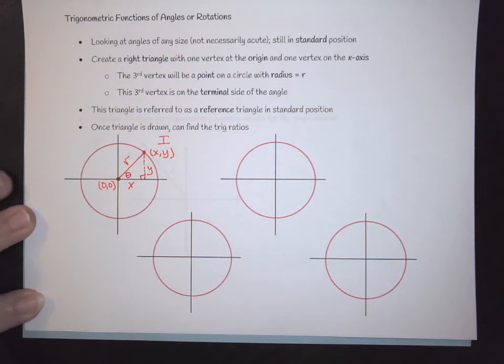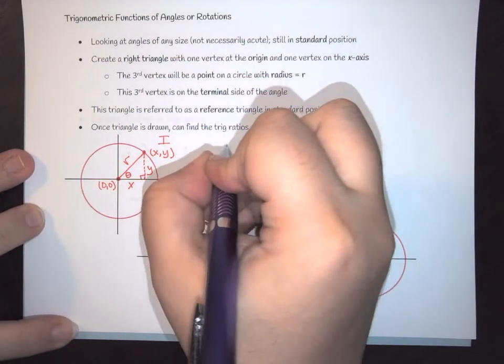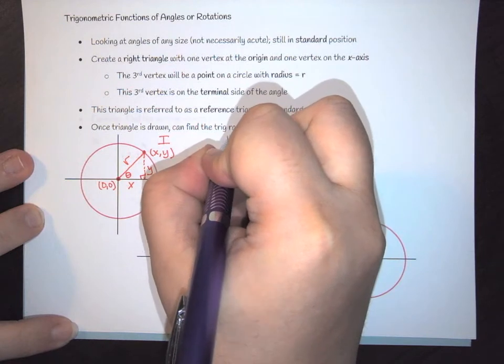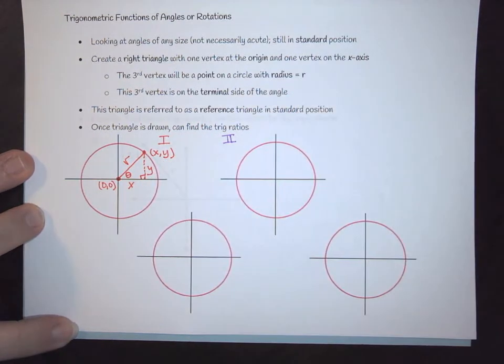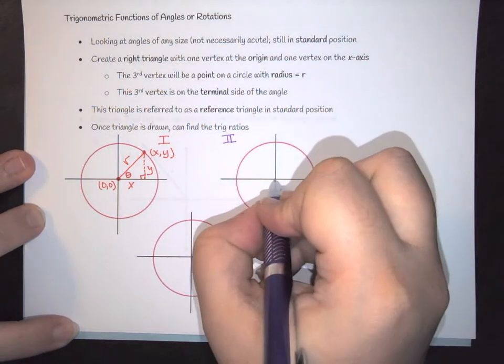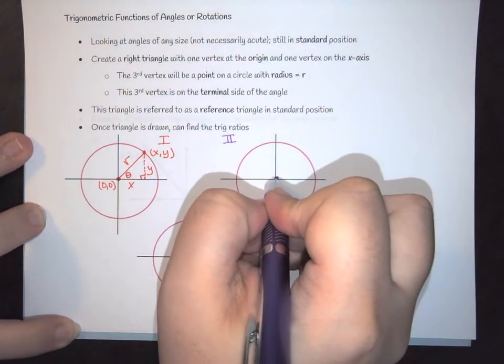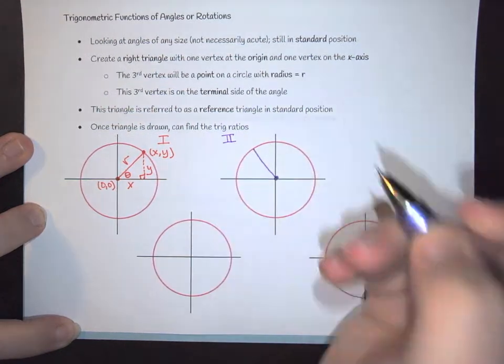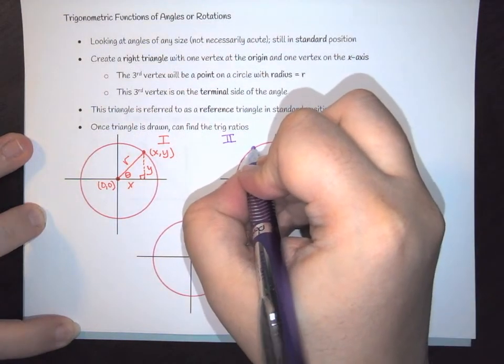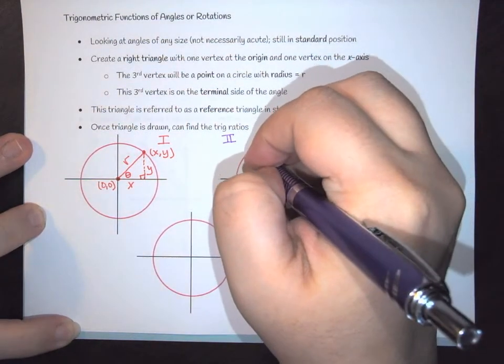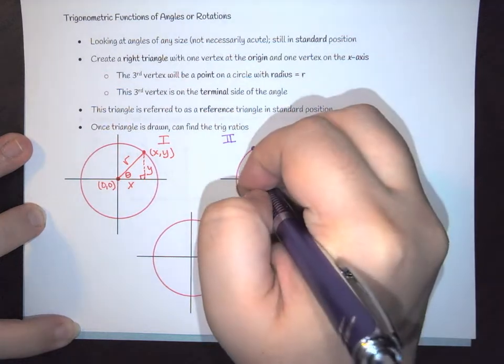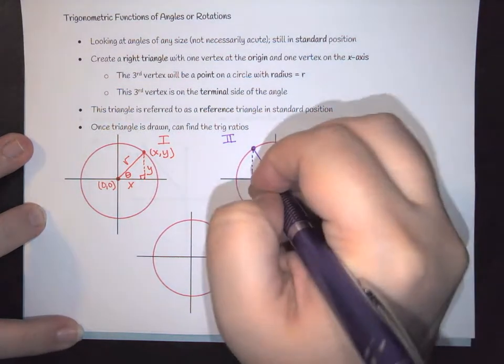Now let's look at what happens if we put our triangle here in the second quadrant. Again, we're going to start at the origin. Again, you're going to draw yourself your straight line that goes straight out to your triangle, and you're going to drop in your dotted line. So again, there is your 90 reference.